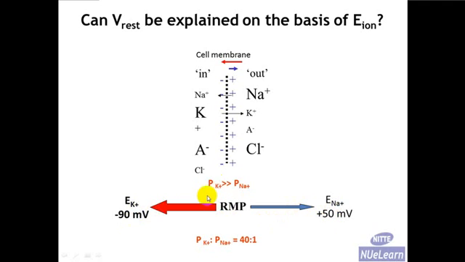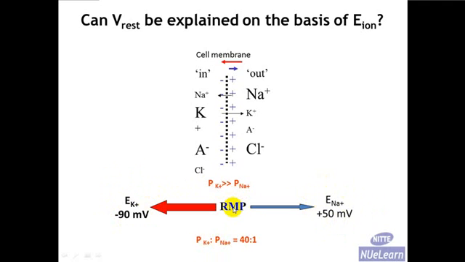But given the situation that the resting membrane is much more permeable to potassium, 40 times more permeable to potassium than to sodium, the influence of potassium would be much greater than the influence of sodium.